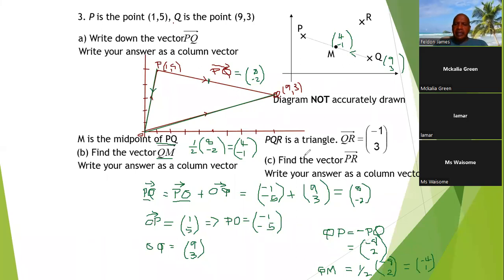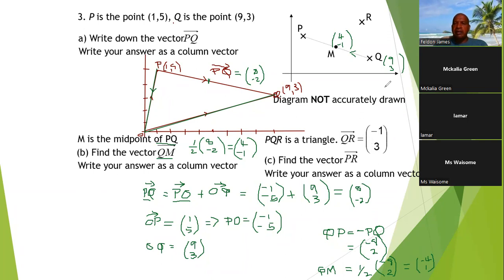All right. Here they say that you're to find the vector PR. They say that in the triangle PQR, QR would be equal to -1, 3.